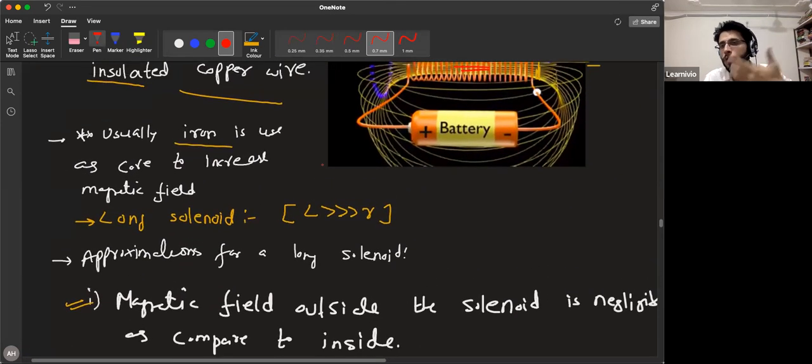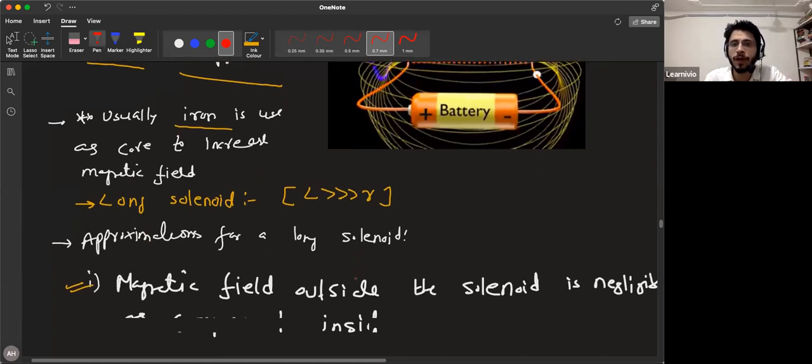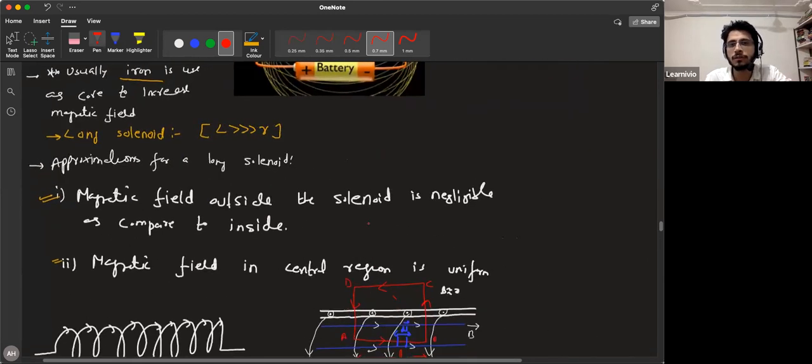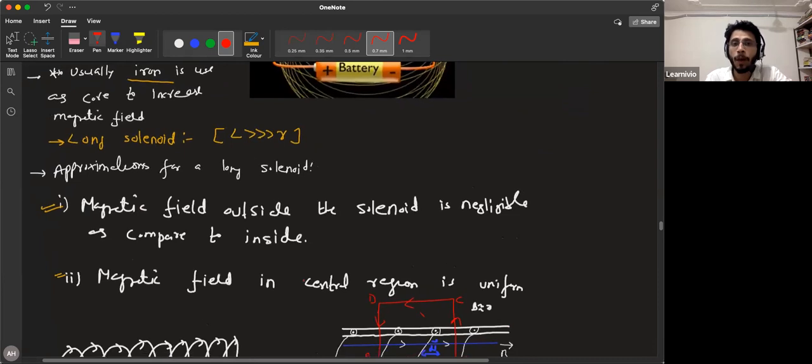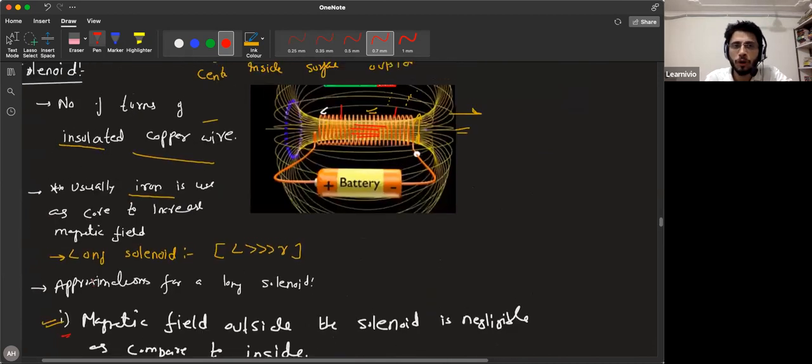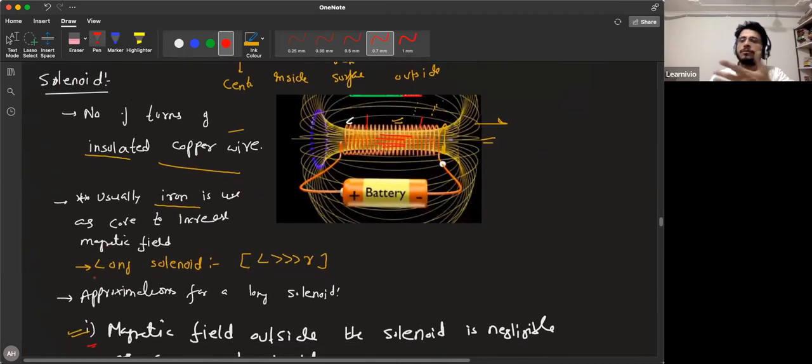So the benefits of using a long solenoid are, first, the magnetic field outside the solenoid is negligible. Second, the magnetic field in the central region is uniform. These are the two approximations for choosing a long solenoid. Note it down, then we will derive the magnetic field of the solenoid. We'll start the calculations.